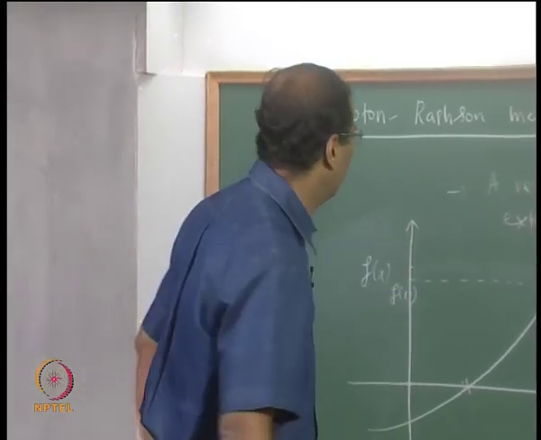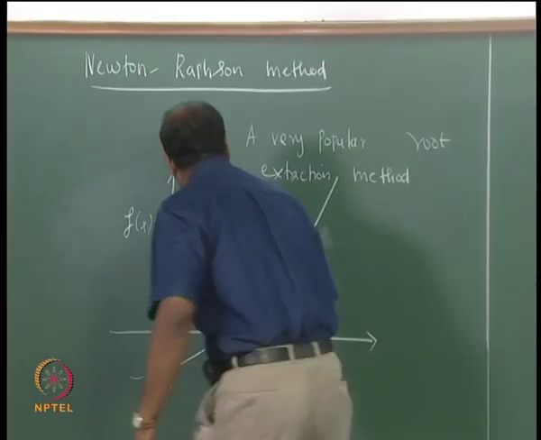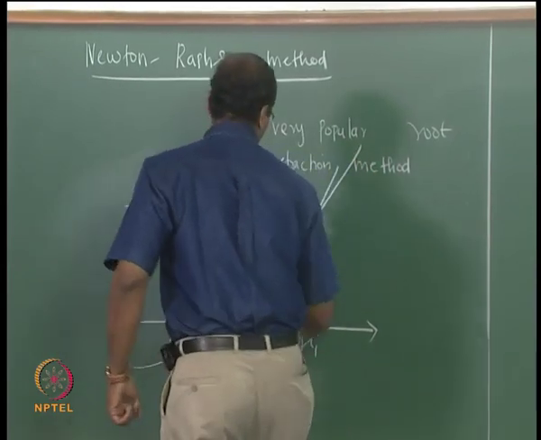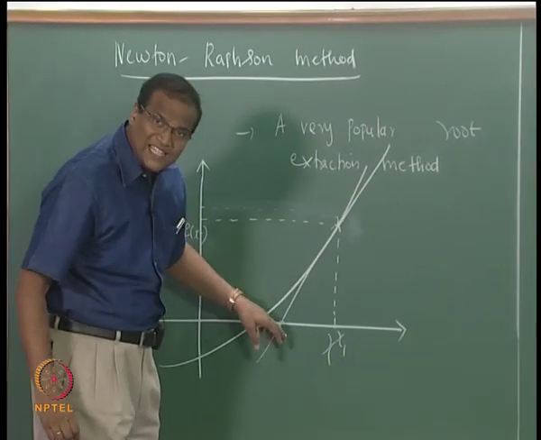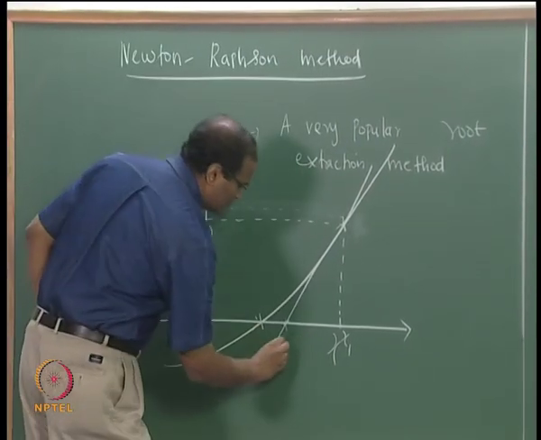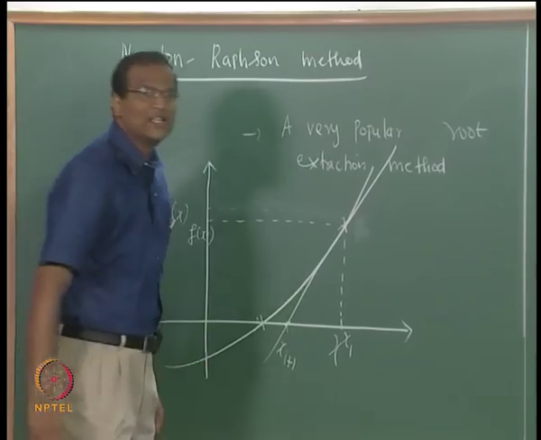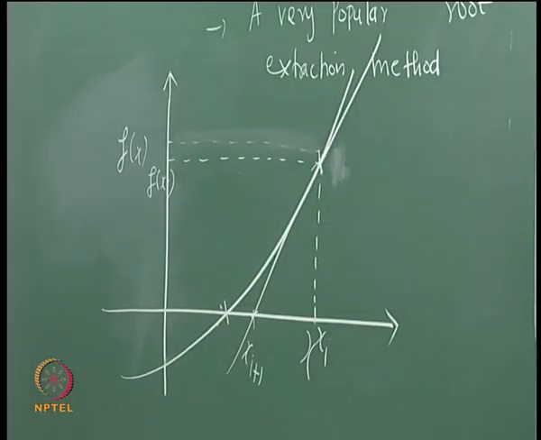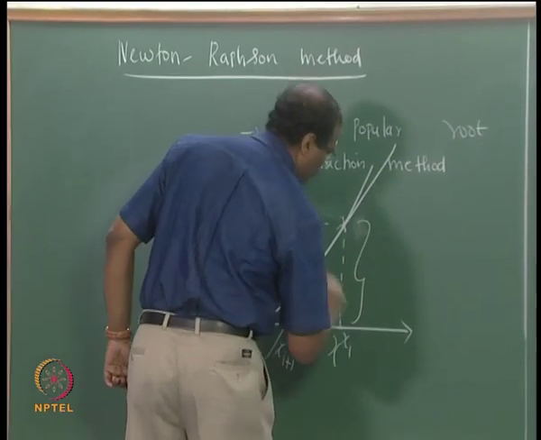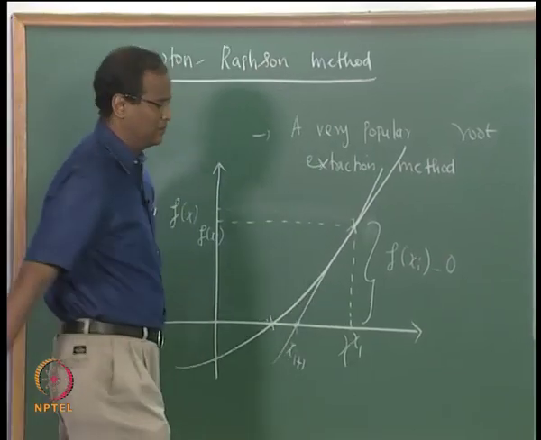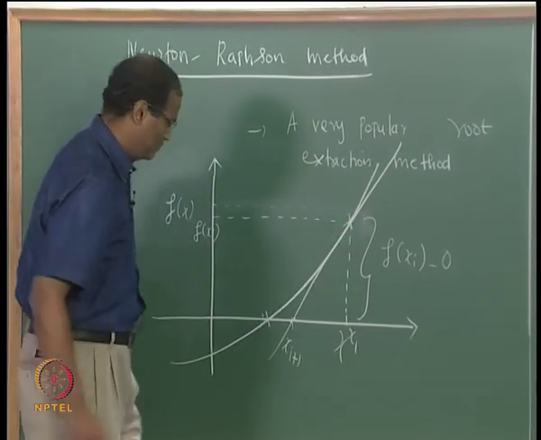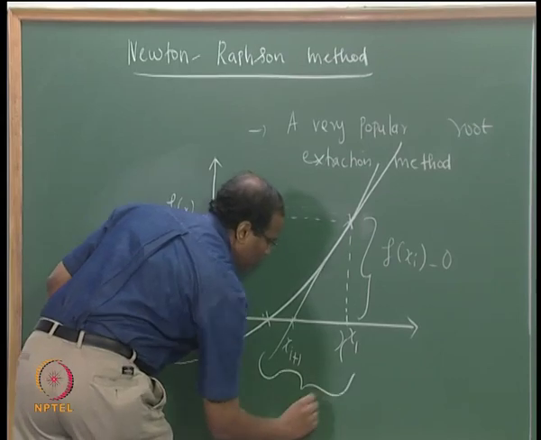How does this method work? We draw a tangent at xi. Wherever this tangent intercepts the x axis, we call it xi plus 1, the next iterate. Okay, so this is f of xi minus 0, right.